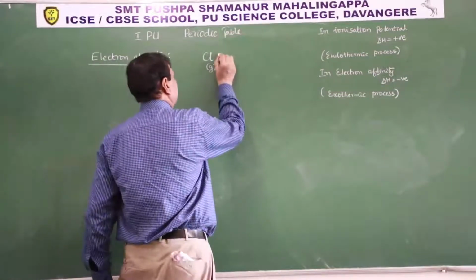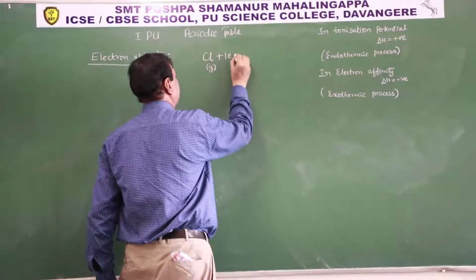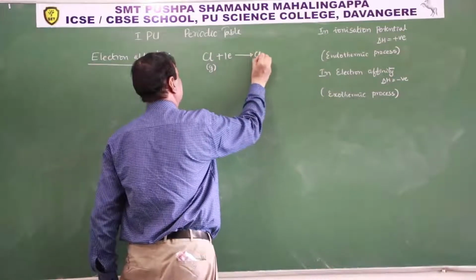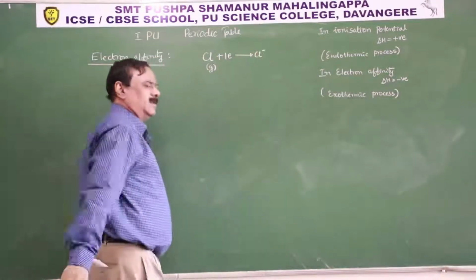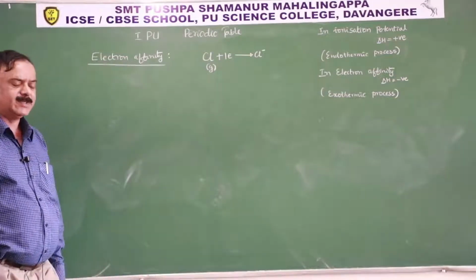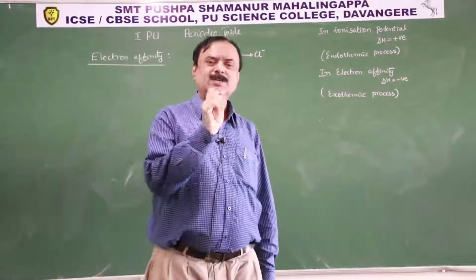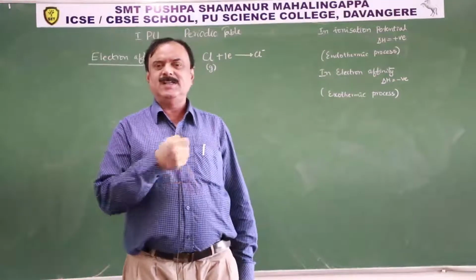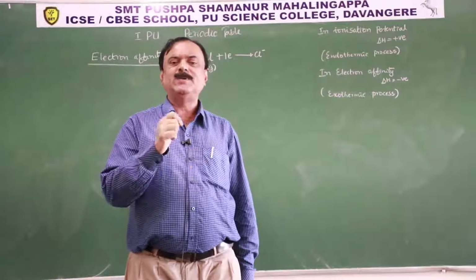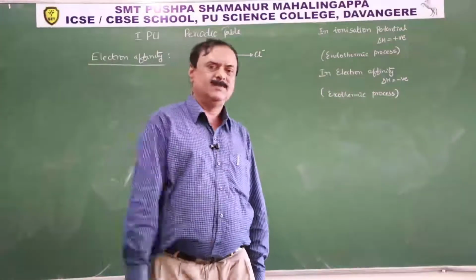Whenever an electron is added to the neutral gaseous isolated state of an atom, it is converted into an anion. In ionization potential, the end product would be a cation. In electron affinity, the end product would be an anion.